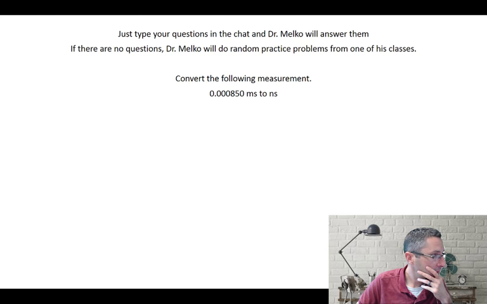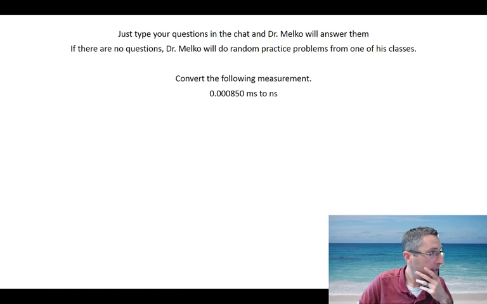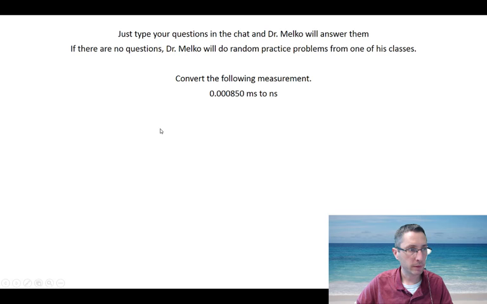Okay, where should we solve this one? On the beach, relaxing. All right, convert the following measurement: 0.000850 milliseconds to nanoseconds.